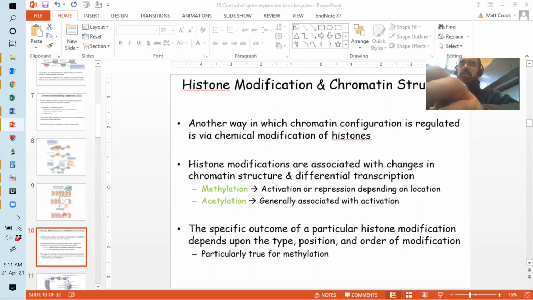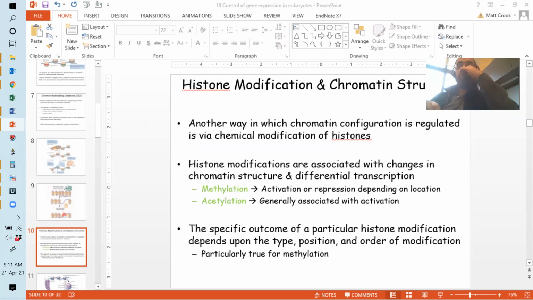So methylation is the addition of a CH3 group to either a histone, typically a lysine residue on the histone tail, or a cytosine in DNA.